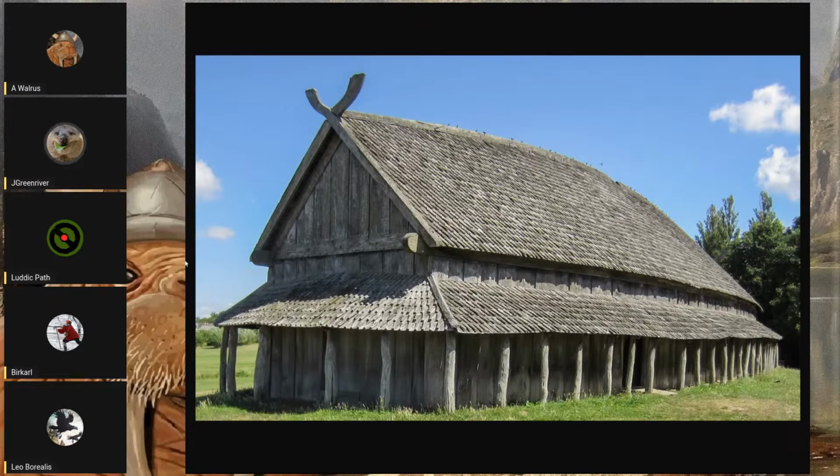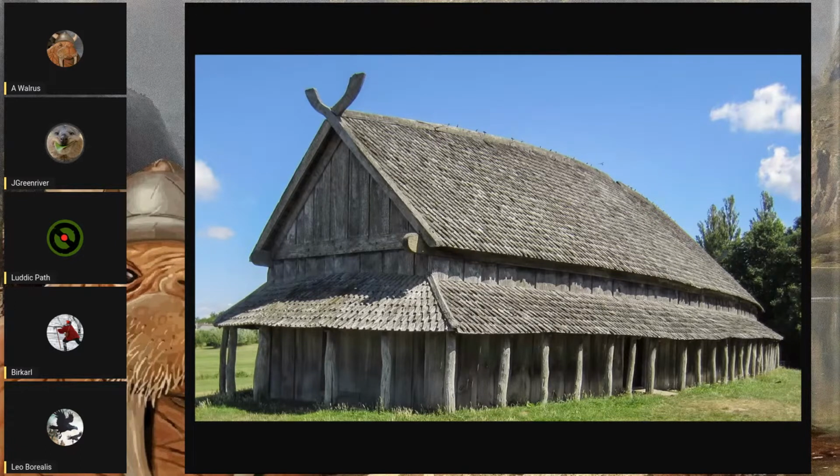So inside a longhouse like this, you would have it divided up in three parts. You would have the entrance where you would have, what is it called, stock, like animals, and maybe like a warehouse or something like that.